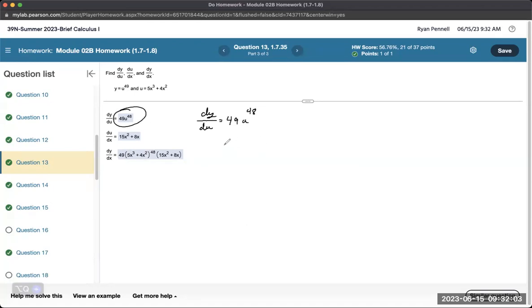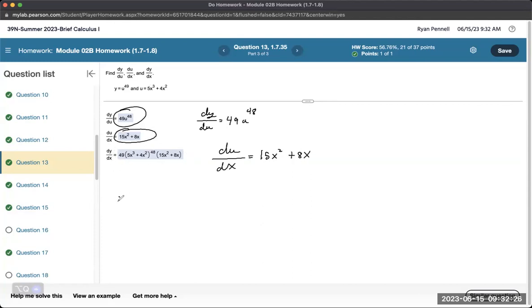It wants du/dx. So this problem is really just having us break it down ourselves. Bring down the 3, that's going to give us 15x squared. Bring down the 2, 8x. All right, got that down.